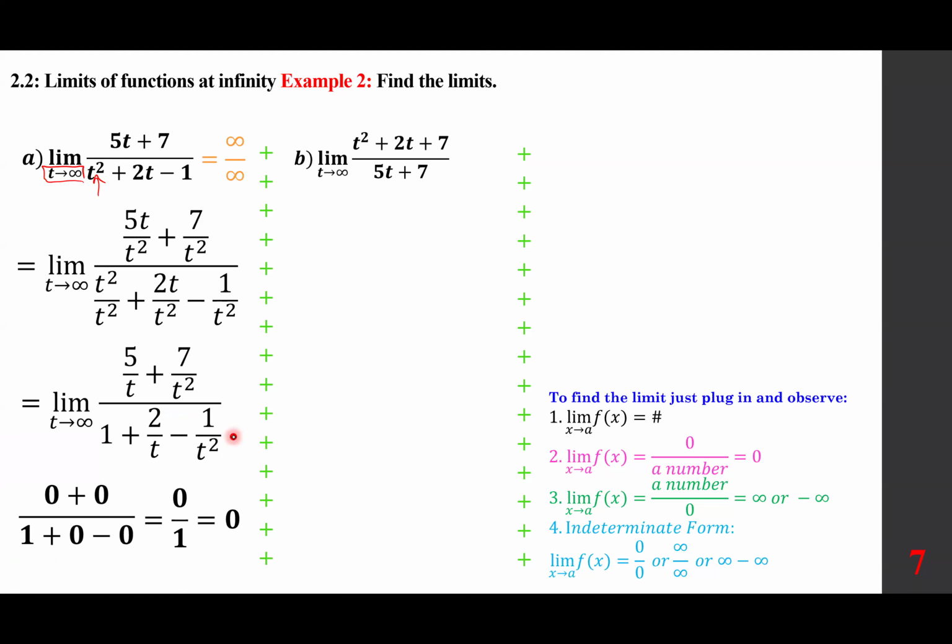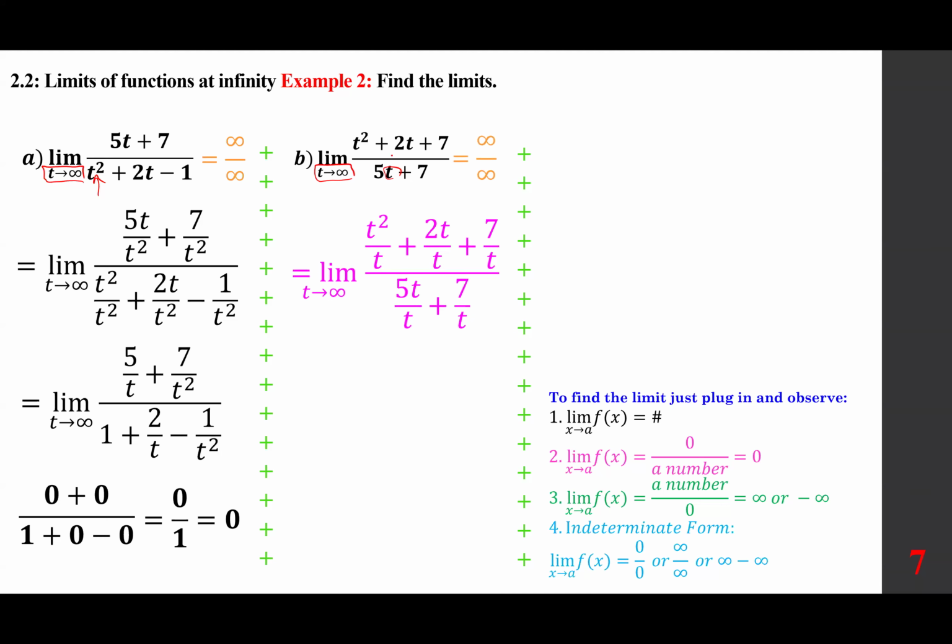What happens in this case, similar to the previous one: you are dealing with a rational expression. t is approaching infinity. You divide by the highest degree term in the denominator, because no matter what, if you plug in, you get infinity over infinity.